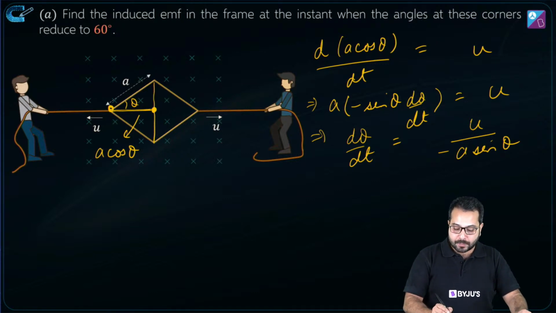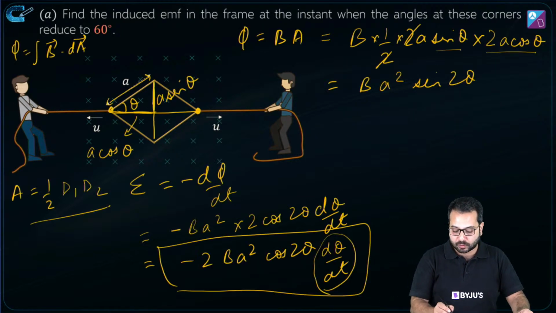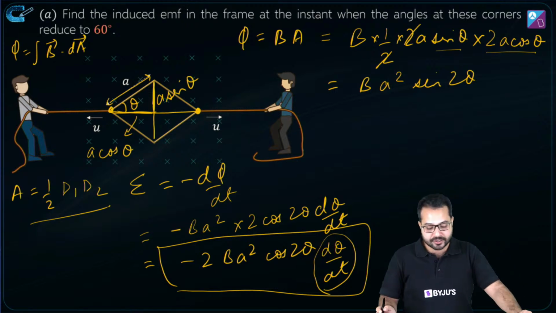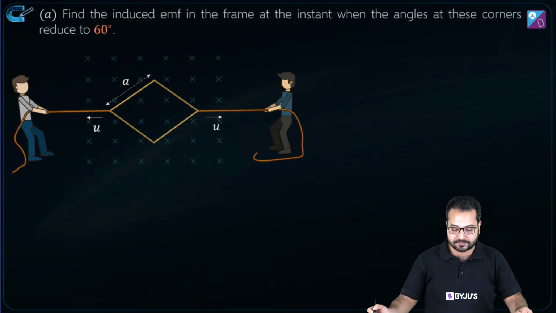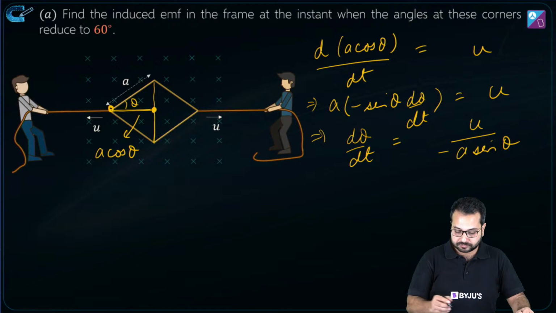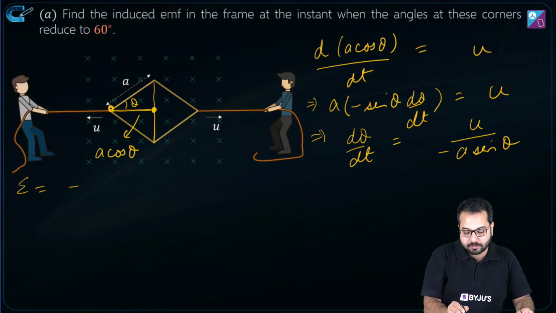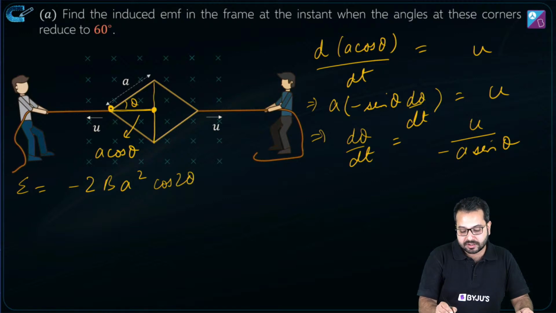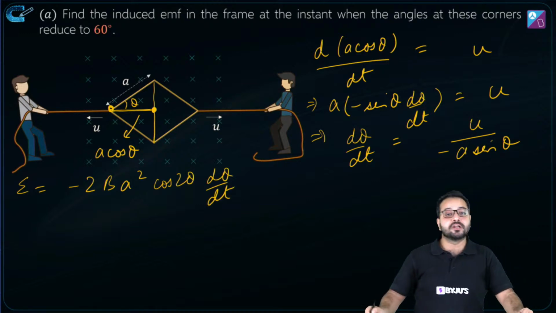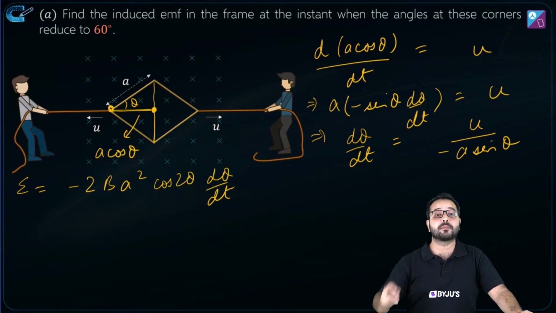Now let's go back and write this expression. What was this? Minus 2BA square cos 2 theta d theta by dt. So the EMF was minus 2BA square cos 2 theta d theta by dt. Now all we have to do is substitute d theta by dt over here and our job is done.